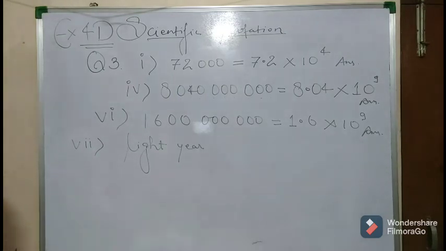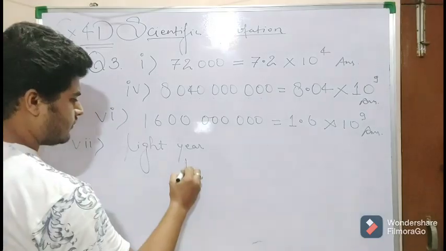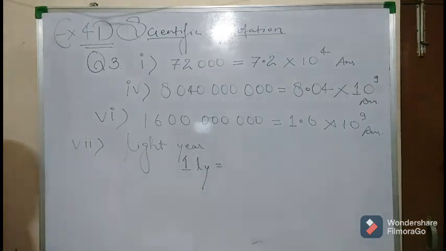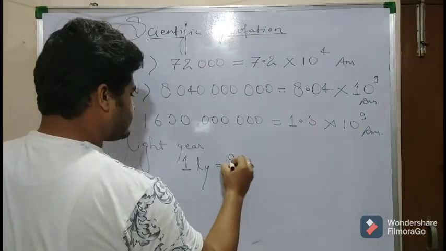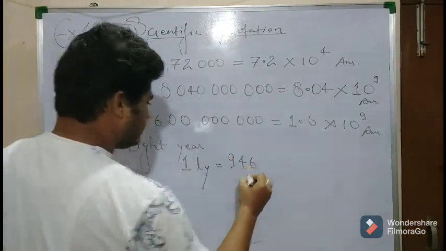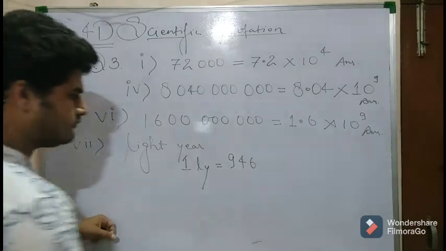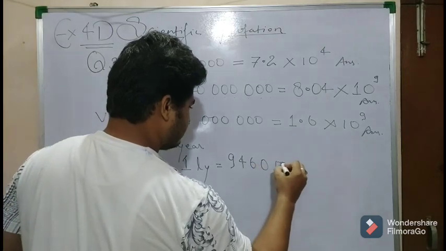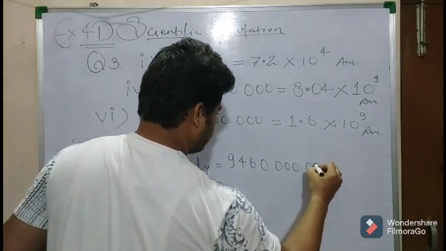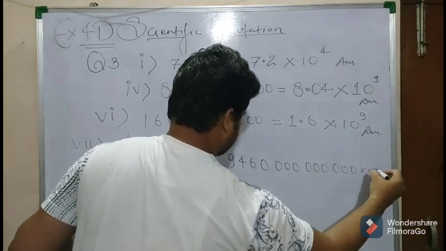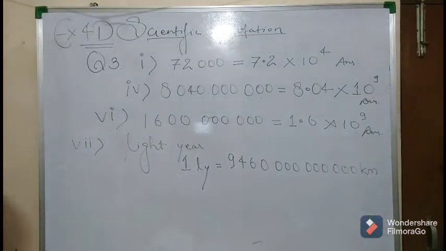So 1 light year is equal to 946,000,000,000,000 kilometers. This much is called 1 light year.